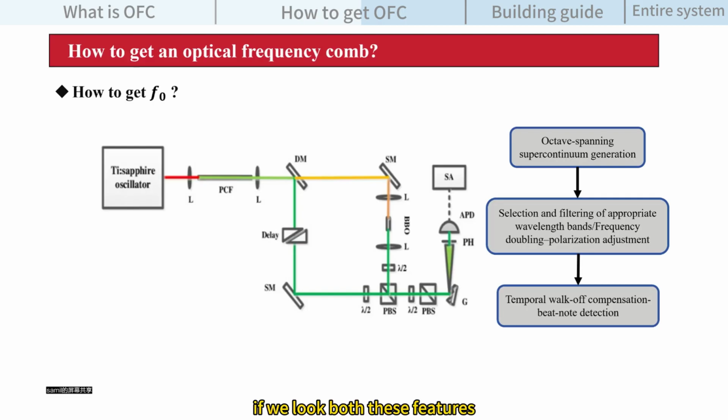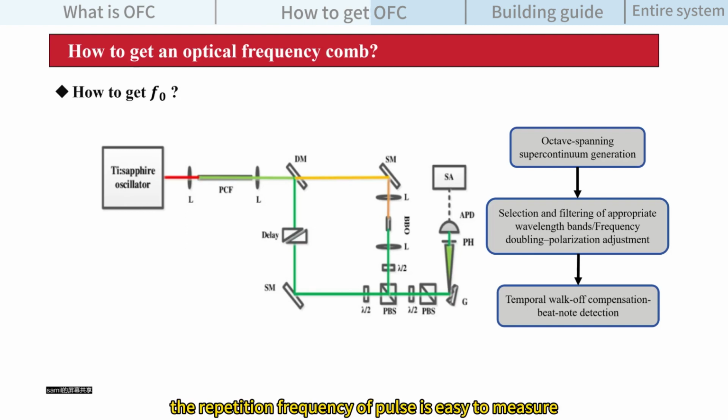If we lock both of these features, the pulse becomes really stable, and we can clearly define the frequency of each comb line as n times the repetition rate frequency, plus the carrier envelope offset frequency. But there is also a challenge.